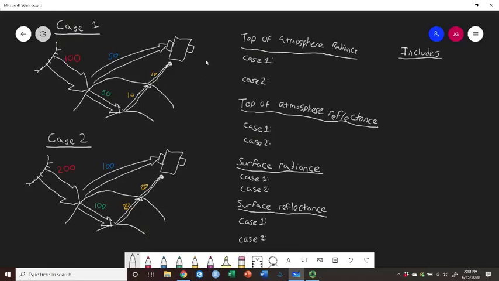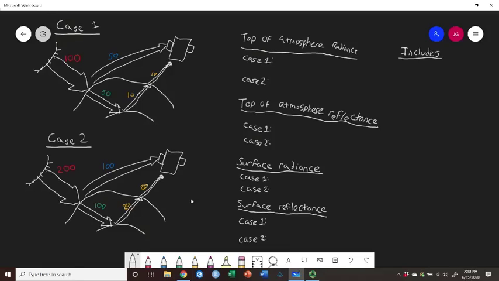Then we're going to figure out what would be the values for top of atmosphere radiance, top of atmosphere reflectance, surface radiance, and surface reflectance. That way you get a really strong idea of where the different components go and how these different things are calculated. Again, pause the video, take time, and record these in your notes.